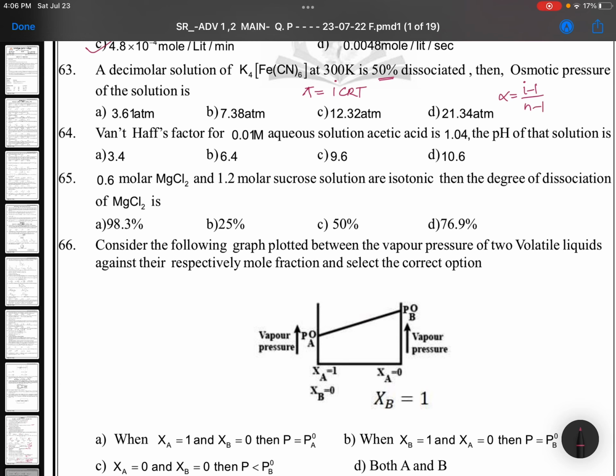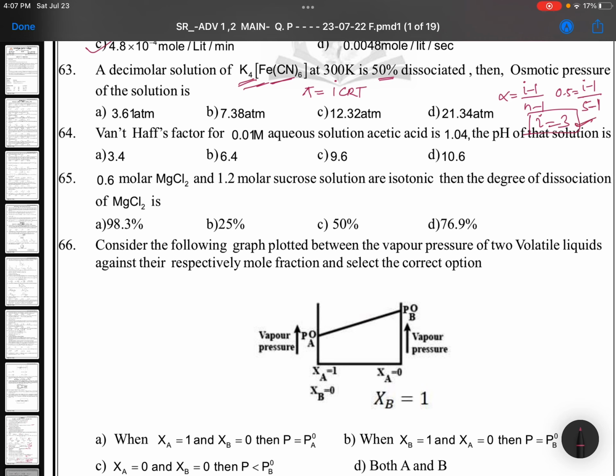Alpha is 50% dissociated, means 0.5 is equal to i minus 1 by n minus 1, where n is the number of ions formed: 4 potassiums and 1 ferrocyanide, that is 5 minus 1, 4. So i will become 4 into 0.5 plus 1. So i is 3. Simply don't think that K4Fe(CN)6 gives 5 ions, 50% means 2.5. Don't think like that. It will be coming 3.